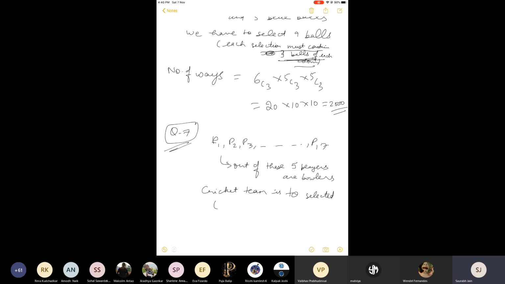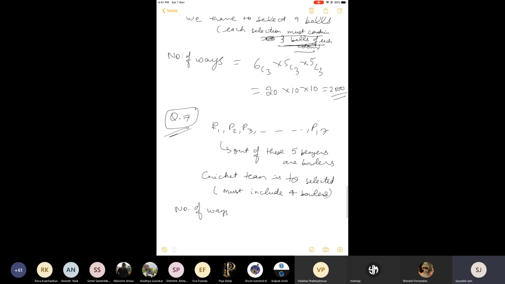Must include 4 bowlers. So on the basis of that, we have to give the answer. So the number of ways in which a cricket team can be selected with the restriction that there are exactly 4 bowlers, provided there are 17 players, and out of these 5 are the specialist bowlers. We have to make a team. That means selection.